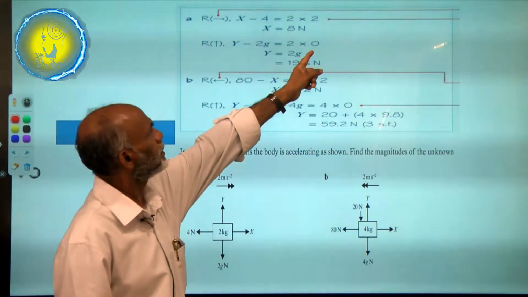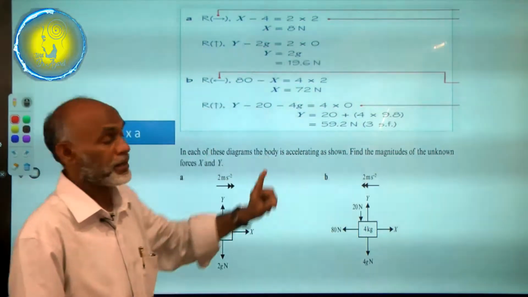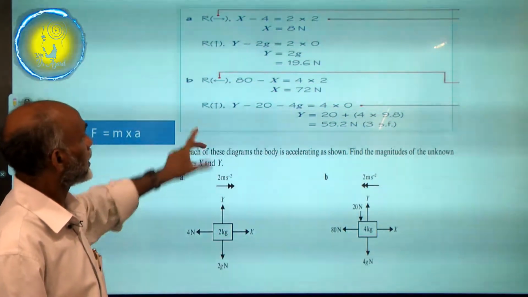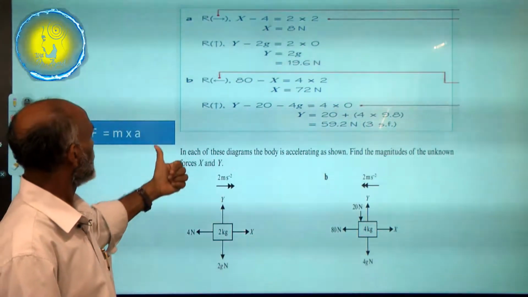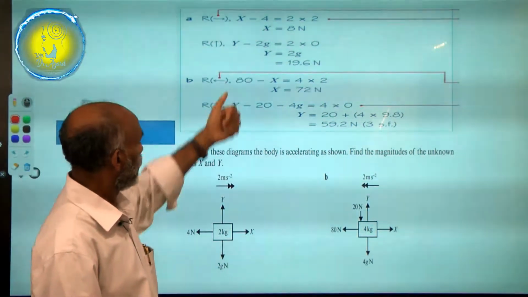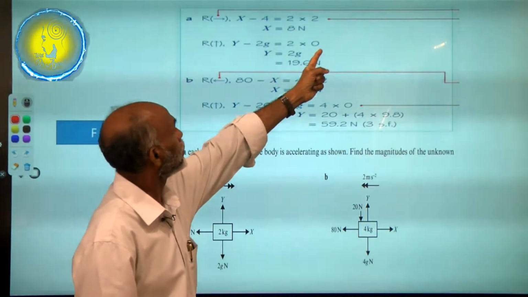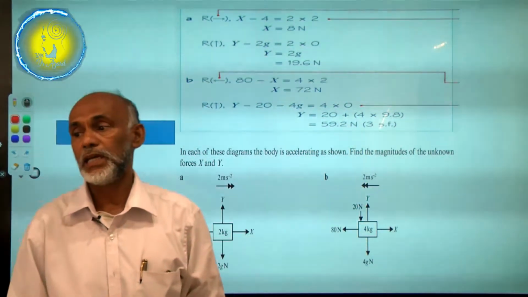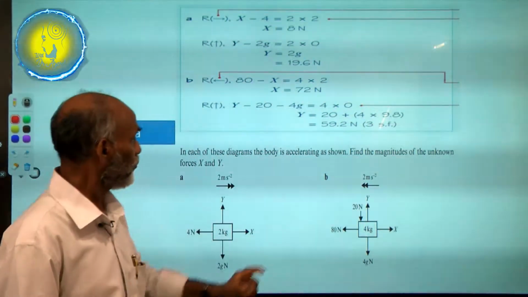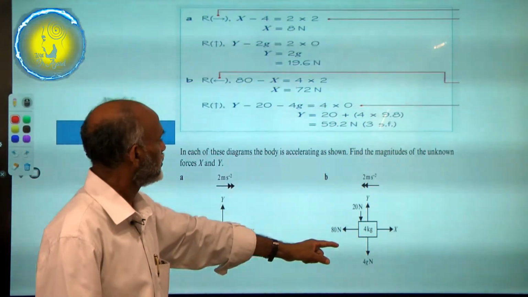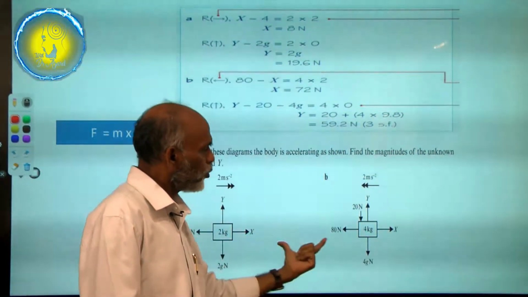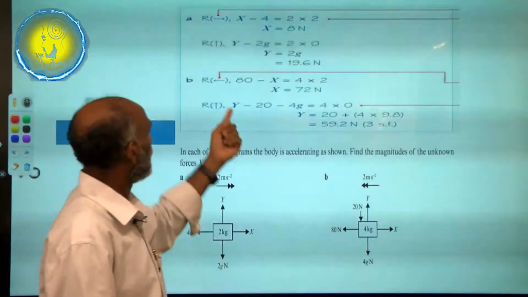Here you can see the acceleration is 0 although the mass is 2, because it doesn't move upward, but still Newton's second law is applicable with acceleration 0. Therefore we identify the magnitude of y is 19.6.